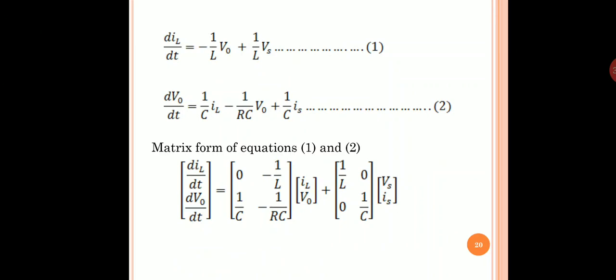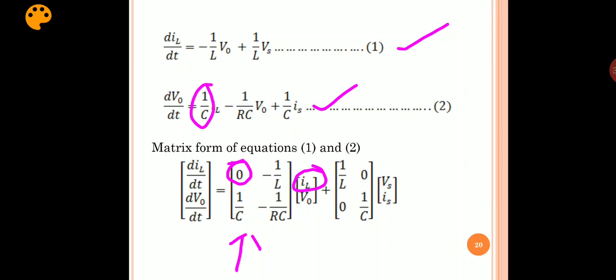Now what you understand here is the first term in x is IL. Therefore the first column holds the coefficients of IL in the first equation and second equation. In the first equation there is no IL term, so we have 0. In the second equation we have an IL term whose coefficient is 1 by C. It is written here. Now the second variable is V0.